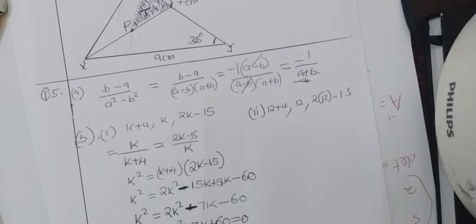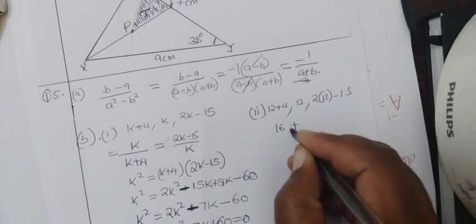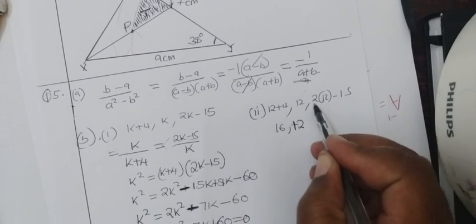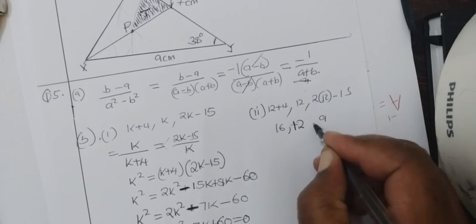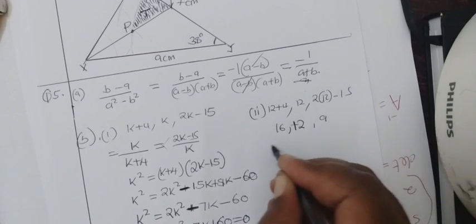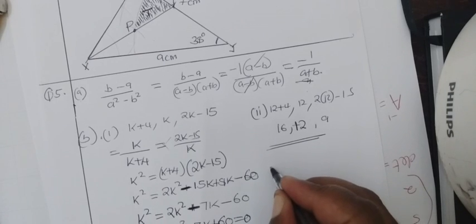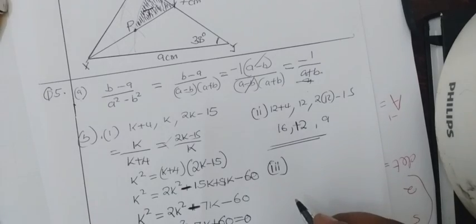That is the answer there. We can just write the final answer. This is equal to 16, comma, this is 12, and 2 by 12 is 24, 24 minus 15, you have got 9. So these are the first 3 terms, and this is our answer. Okay? We go to Roman numeral 3. What is Roman numeral 3?